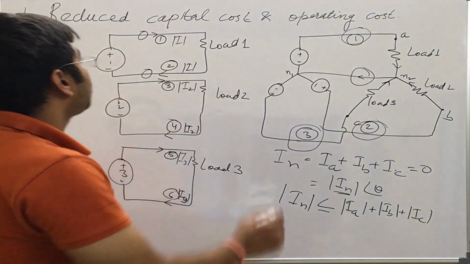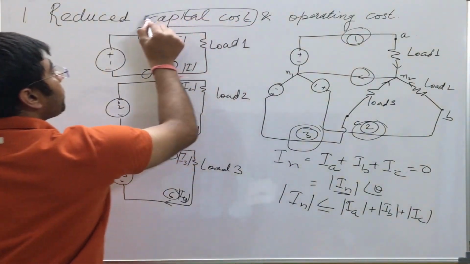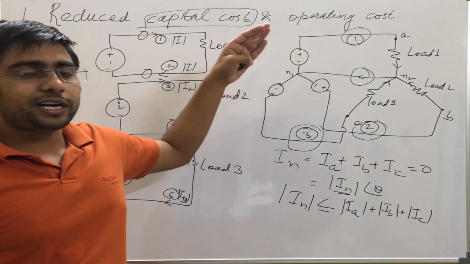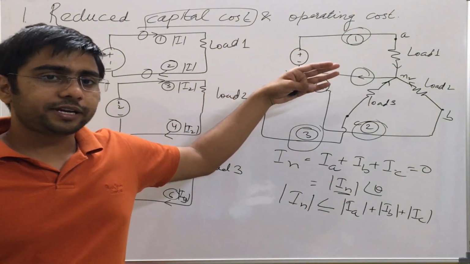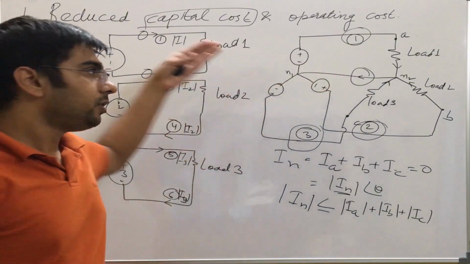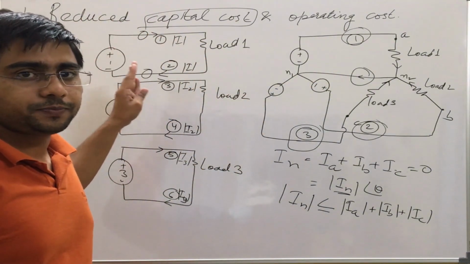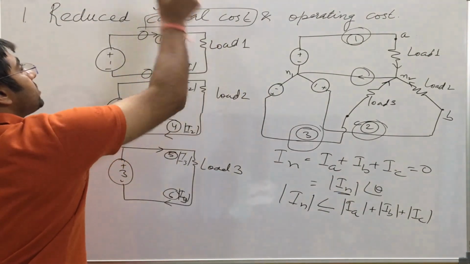So we see that the capital cost in putting in a 3-phase system is quite lower. Rather, I would say it is about half of the system which comprises 3 different single phases. So that is the first advantage.